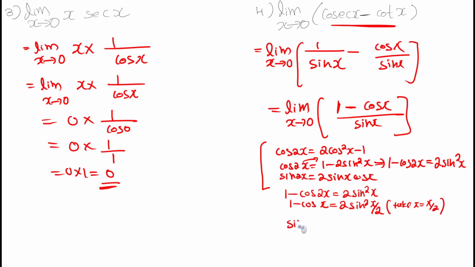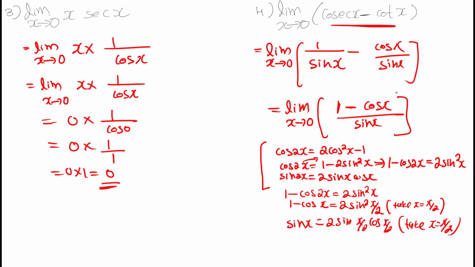What will be sine x then? Sine x is equal to 2 sine x by 2 into cos x by 2. Again taking x as x by 2, the 2 gets cancelled, so we will get only x, but on the right hand side x will be replaced by x by 2.